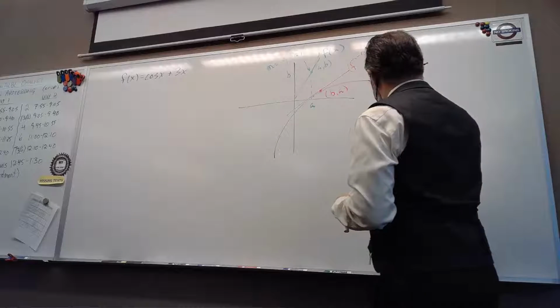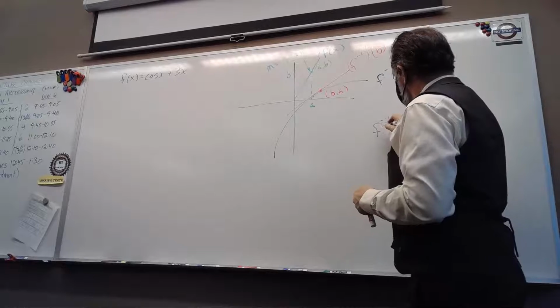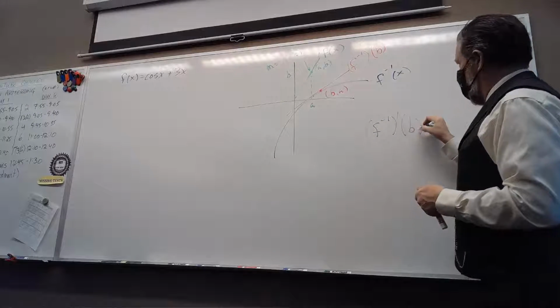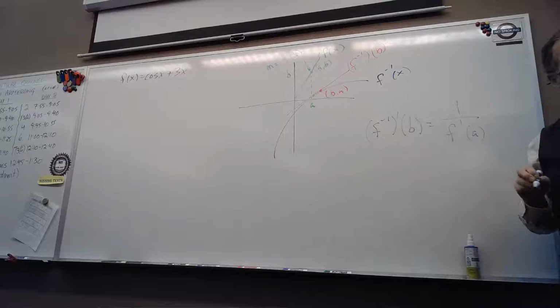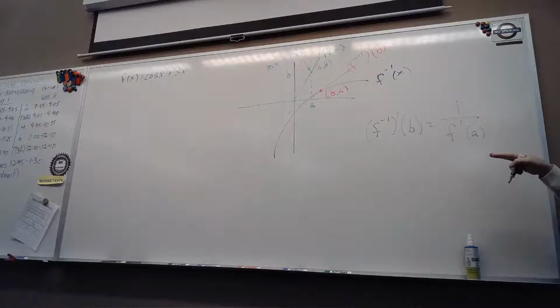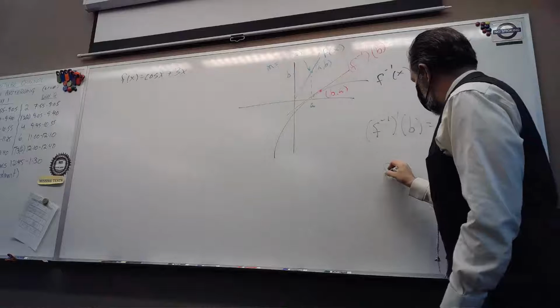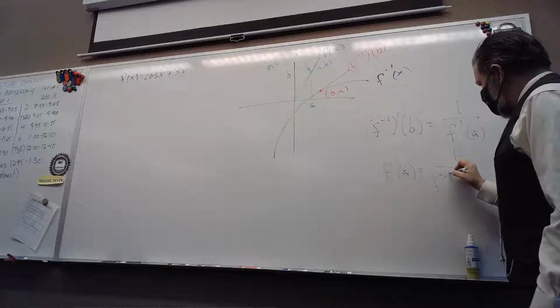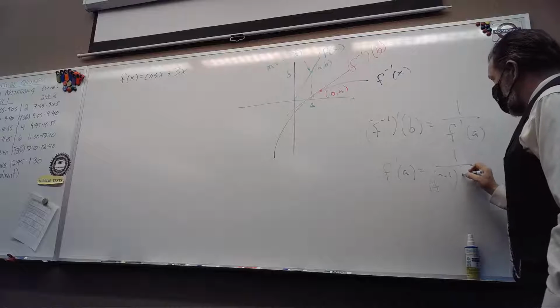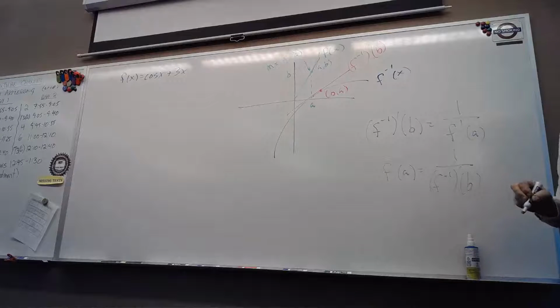The derivative of the inverse at b is equal to 1 over the derivative of the function at a, and vice versa. The derivative of the function at a equals 1 over the derivative of the inverse at b.